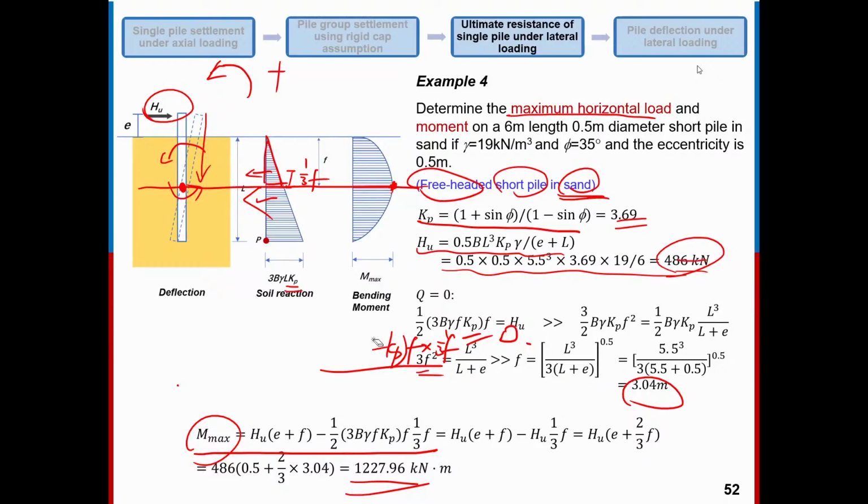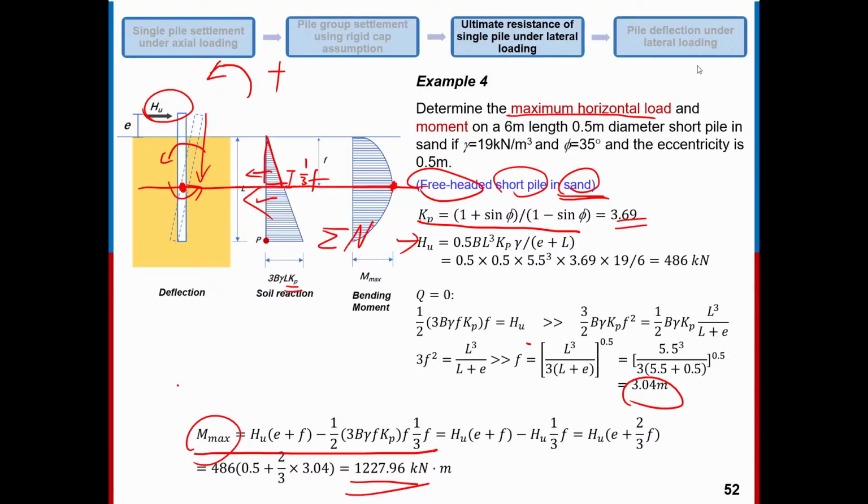All right. So as you can see from this example, first of all, we use the equilibrium of moment. And for this one, we are going to calculate the F. We use the equilibrium of H, the horizontal force, to get the F value, right?